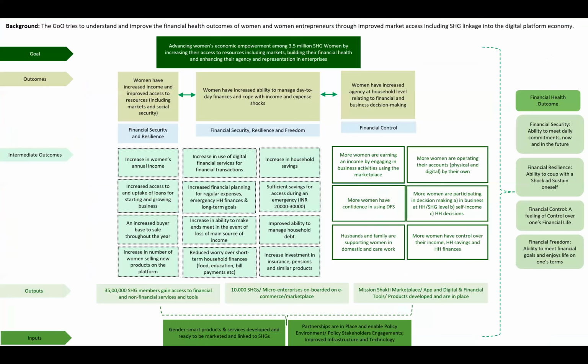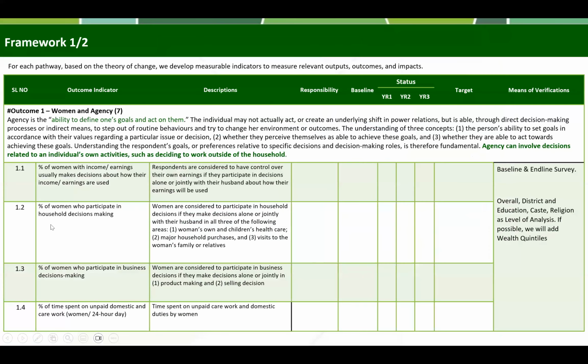So for this, when I'm referring to the LFA, I put all the things in percentages, like the percentage of women who participated in household decision making, and then I put a proper description. When I'm referring to what do you mean by household decision making, I clearly mention women with husbands participating in child health care decisions, major household purchase decisions, and decisions on visits to the women's family or relatives.